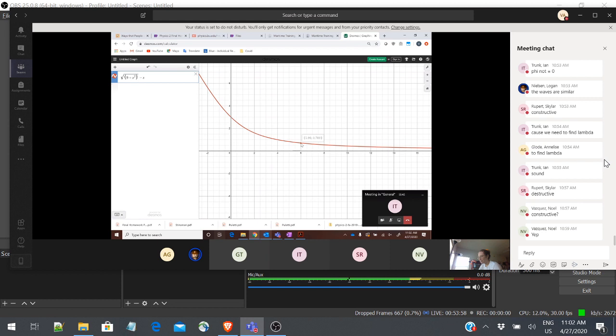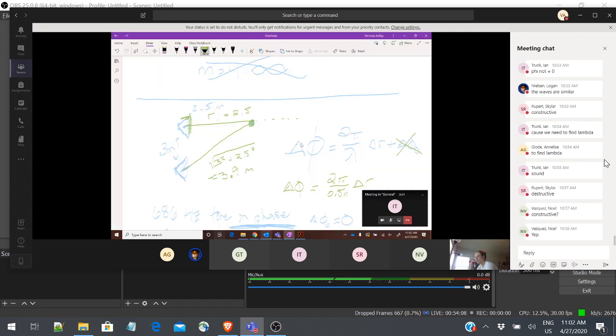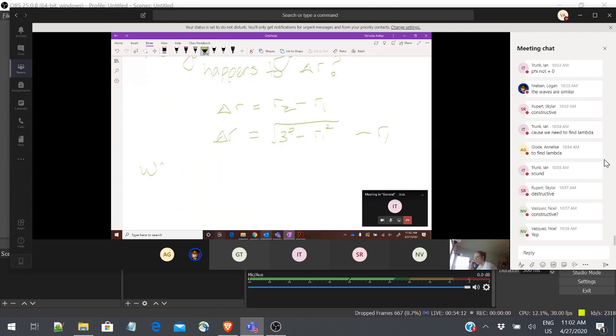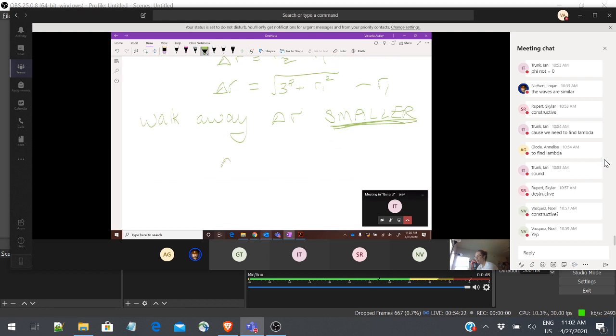The further away you are, the smaller the difference in how far each wave has to travel. So we know that as you walk further away, delta R gets smaller. So that means what about delta phi?